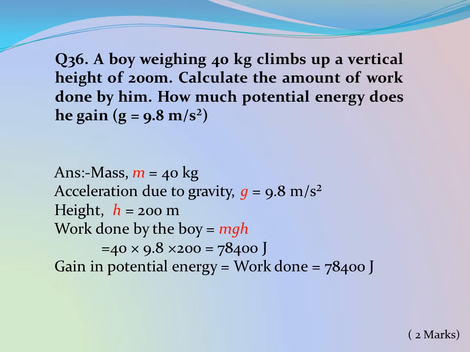Acceleration due to gravity g equals 9.8 meter per second squared. Height h equals 200 meter. Work done by the boy equals mgh equals 40 into 9.8 into 200 equals 78,400 joule. Gain in potential energy equals work done equals 78,400 joule.